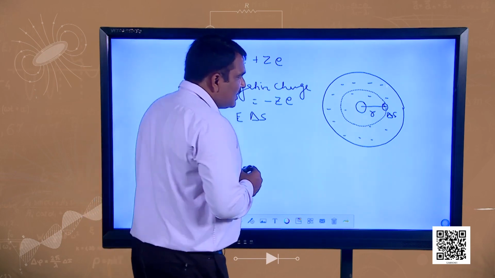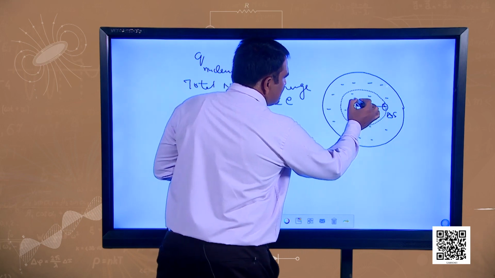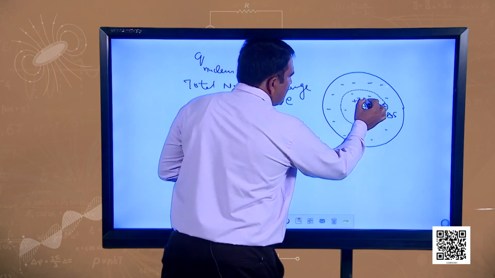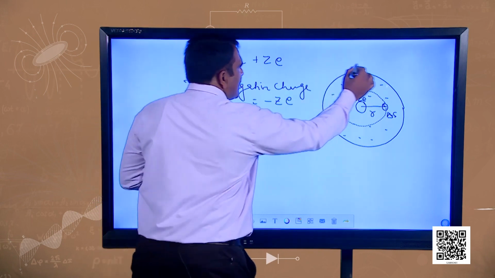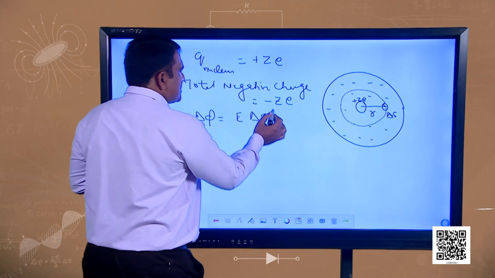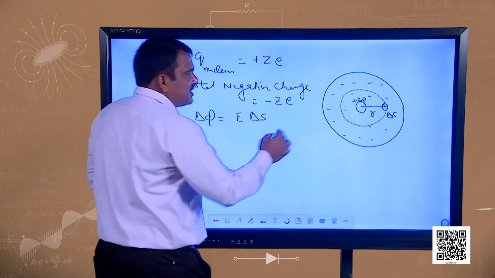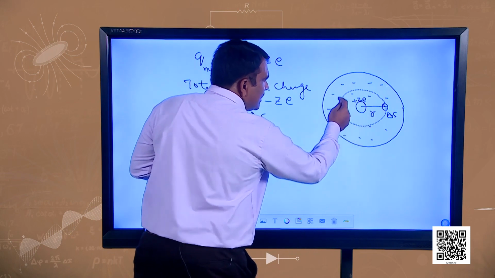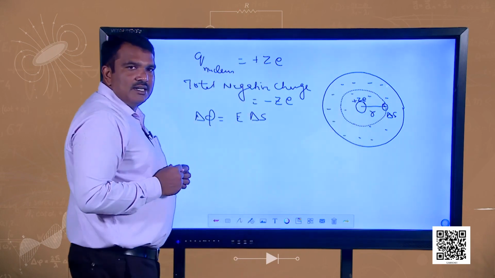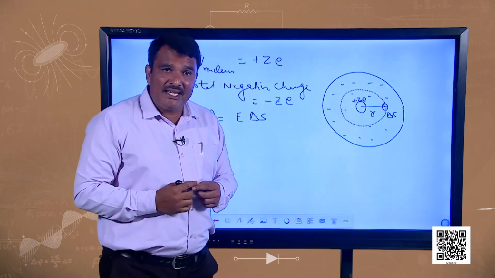Because the charge on the nucleus was plus Ze and total negative charge on the whole atom is minus Ze. So the amount of negative charge which is present inside this Gaussian surface should always be less than this charge on nucleus plus Ze.